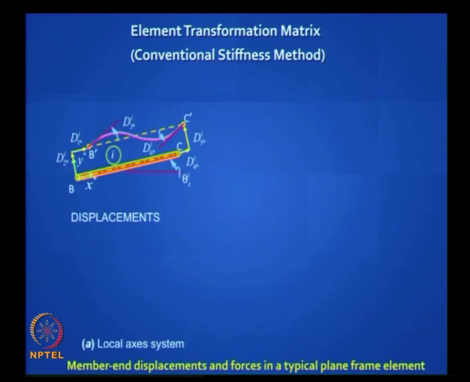And this change in angle anti-clockwise is d3 star. Does this make sense? You are clear about the physical meanings of, and similarly I can define d4 star, d5 star, d6 star. Is this clear to all of us?